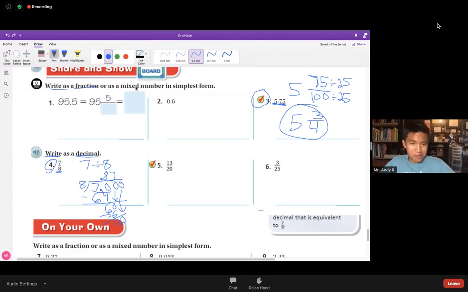So how many times can 8 go into 40? That's right, 5 times. So 5 times 8 is 40, no remainder. We got it. The answer is 0.875. Everyone's doing so well.